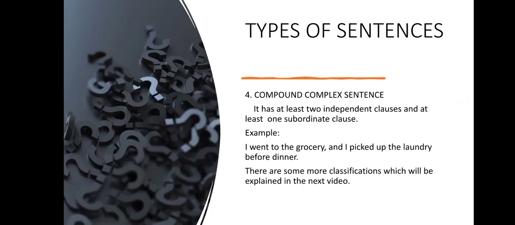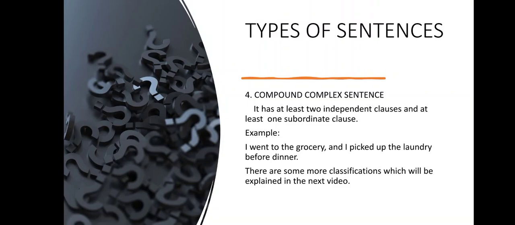Next one is the compound complex sentence, which is a mixture of both compound and complex sentence. That means in this sentence we have two independent clauses joined by a coordinating conjunction and also a subordinate clause. So here we discuss an example. I went to the grocery and I picked up the laundry before dinner.